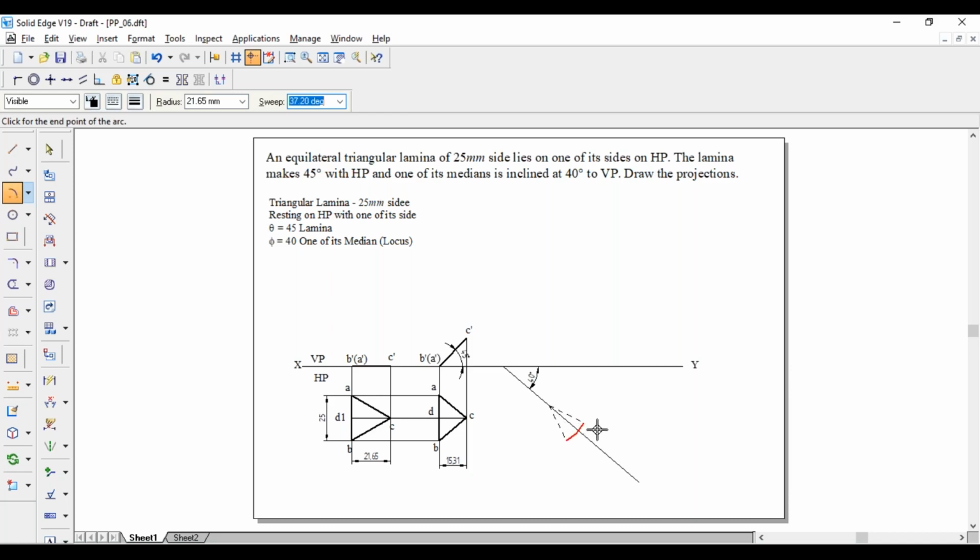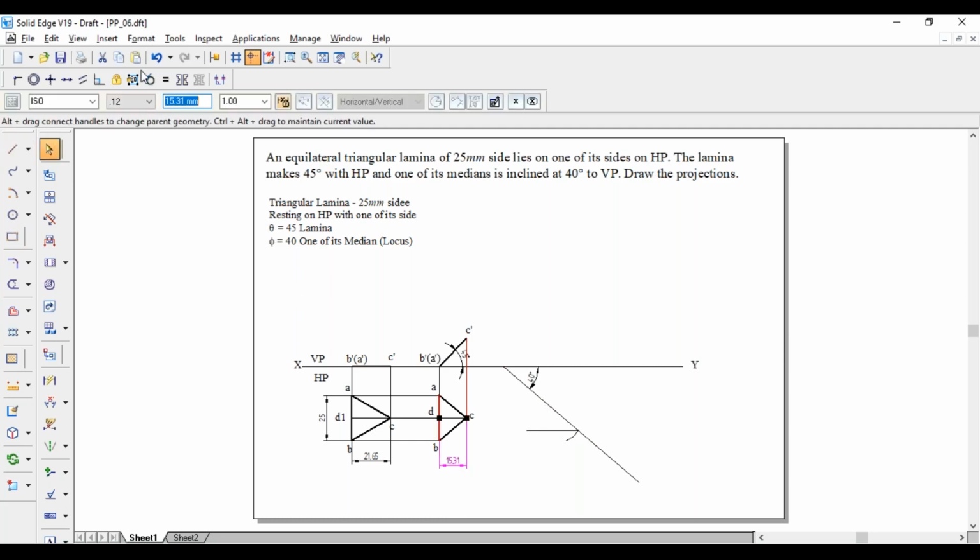So trim this one. Now passing through the intersection of this arc and the line, draw a horizontal line. So from this endpoint, draw a horizontal line. Now from the same center, draw another arc of this much as radius, that is 15.31, to intersect this horizontal line.